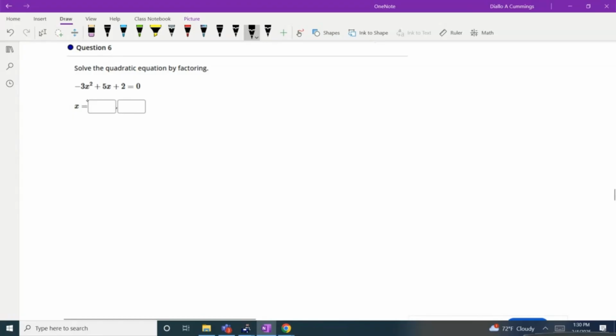So what I'm going to do here is multiply both sides by a negative.